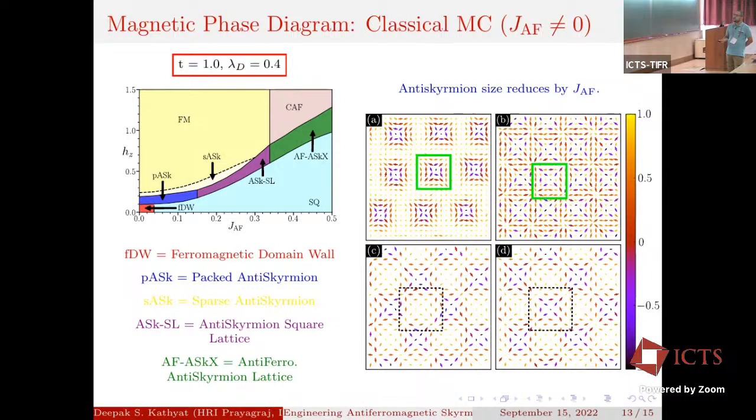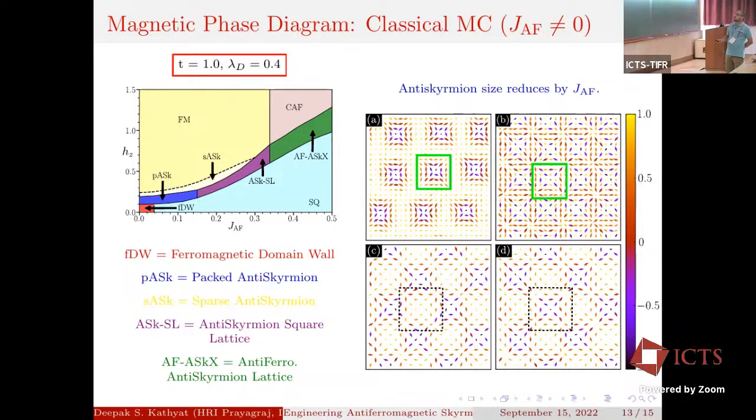At the intermediate regime, from the effective Hamiltonian, we can say that JF almost cancels the isotropic part, which results in the square lattice arrangement of antiskyrmions. And at large JF, we get the antiferromagnetic antiskyrmions, because JF is very large, and this combines with the DM interaction term, resulting in the antiferromagnetic antiskyrmion phase.